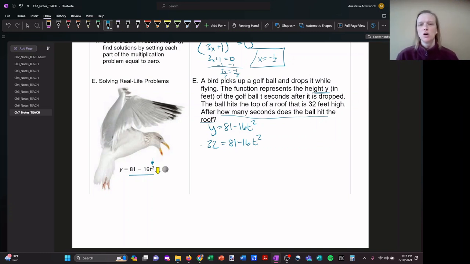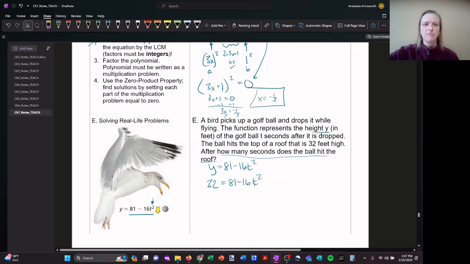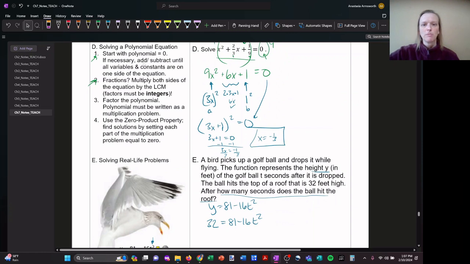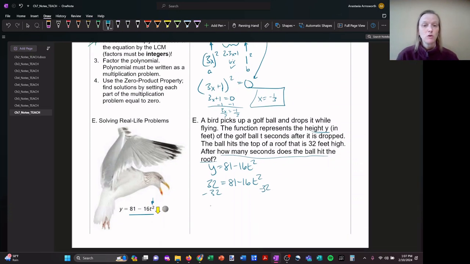All right, so here, if we're going to follow our step-by-step procedure for solving polynomial equations, the very first step is making sure that our polynomial is equal to 0. And this one isn't. So we need to subtract 32 from both sides of the equation because when you subtract a number from itself, you get 0.